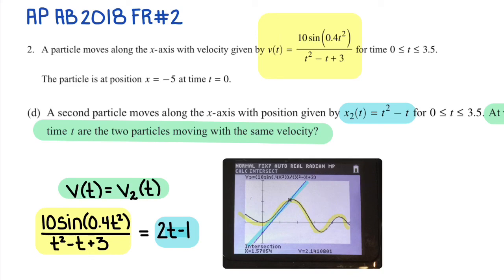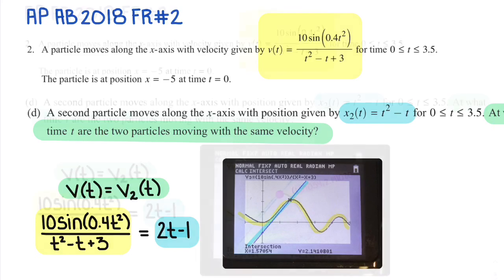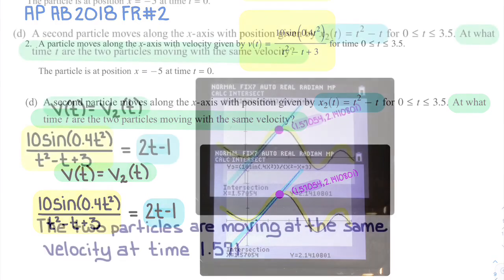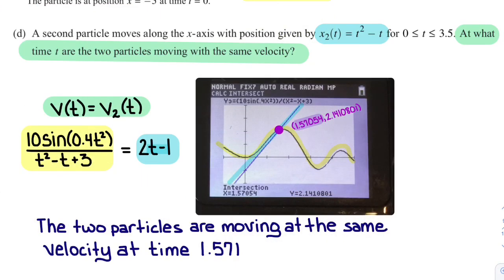We're only looking between 0 and 3.5. Using the intersection feature, we find t is equal to 1.571 when we are accurate to 3 place values. So the two particles are moving at the same velocity at time 1.571.